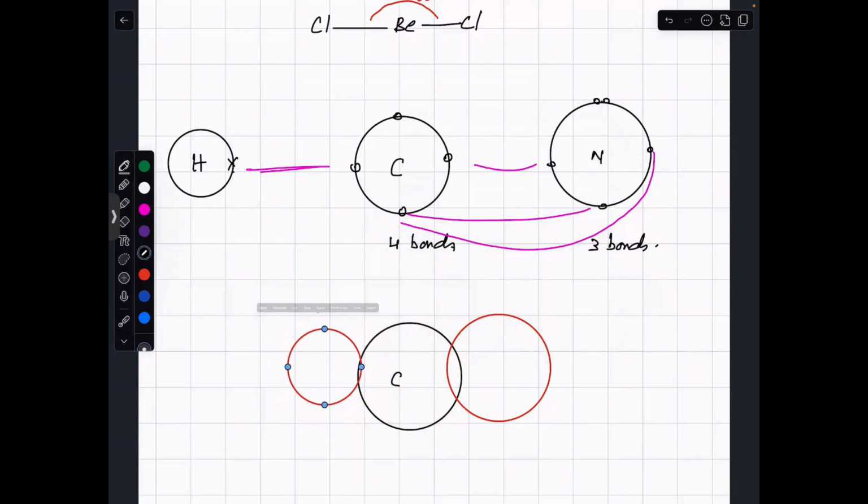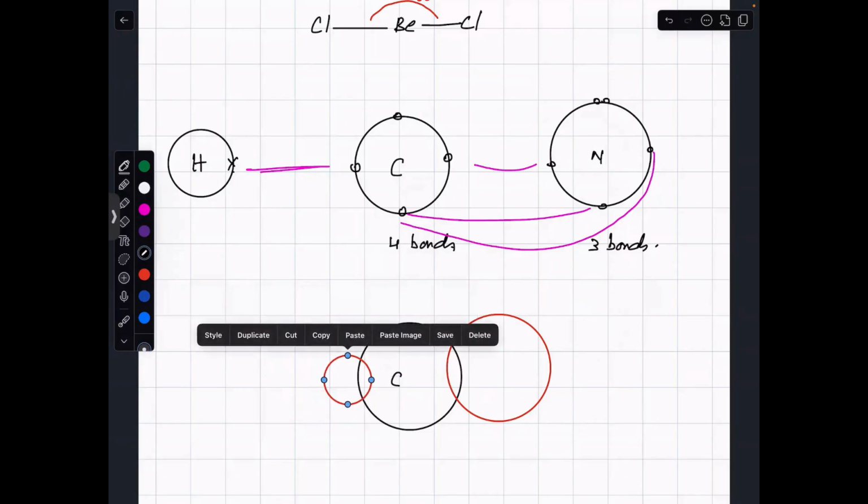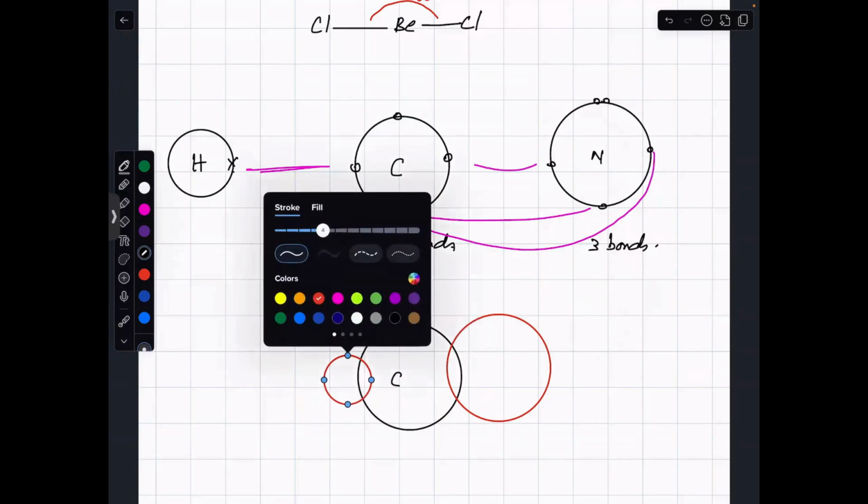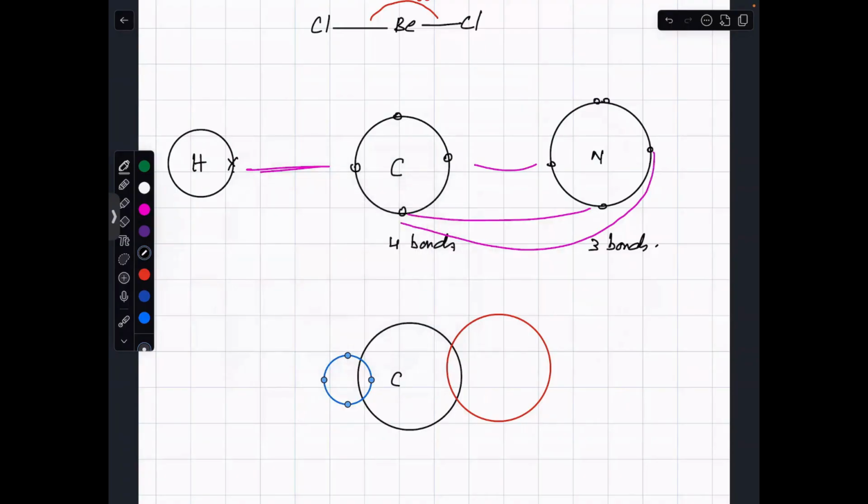So what will carbon do? This is hydrogen. This central carbon will make 3 bonds with the nitrogen and 1 bond with the hydrogen, so 4.